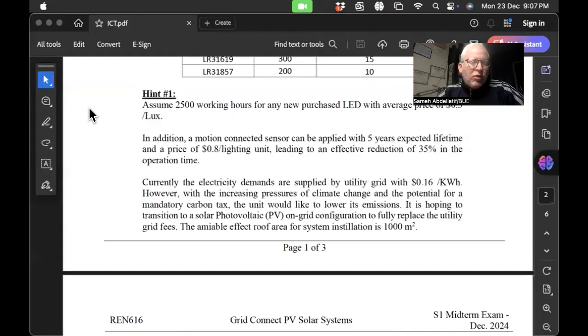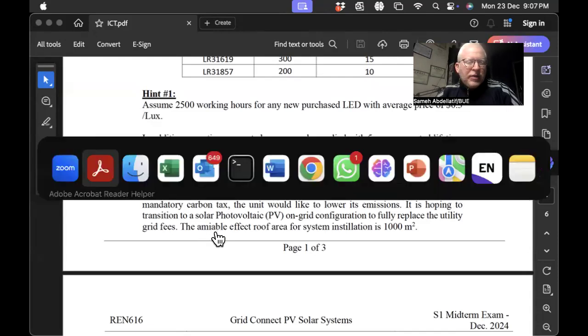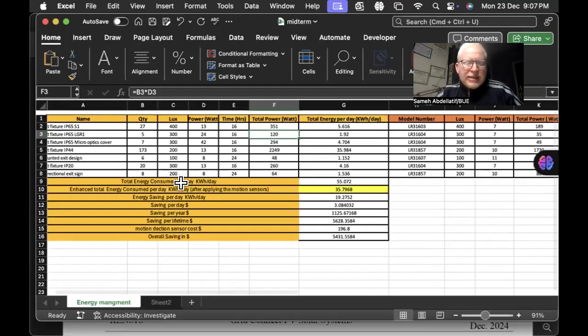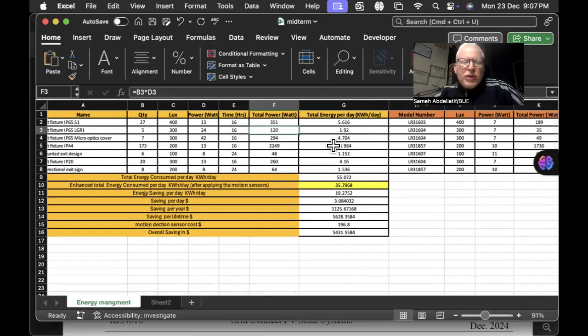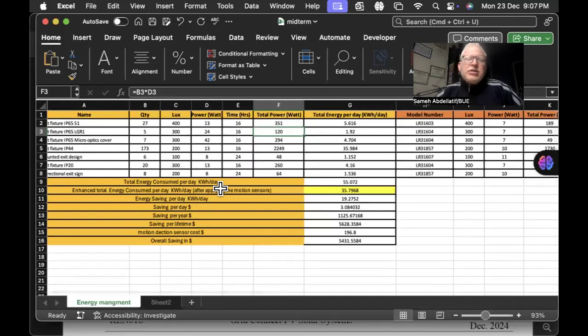So let me start sharing my screen and let me go directly to remind you with what we did in the previous part. Here, this is the Excel sheet. In the previous part, we concluded this amount of energy as the total energy needed per day for the lighting loads in the office building, considering these lighting loads as demonstrated in the example.